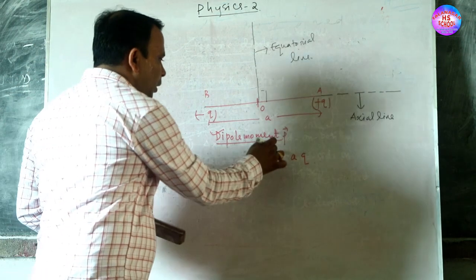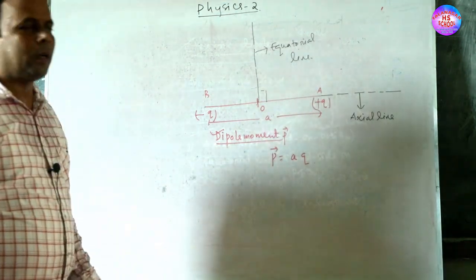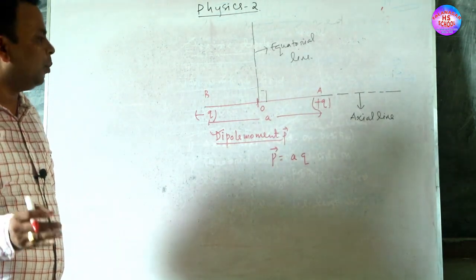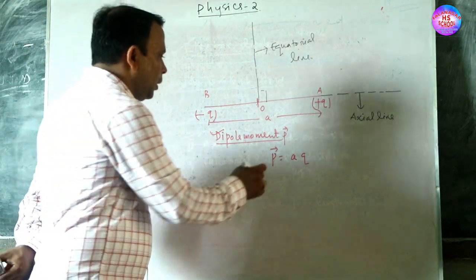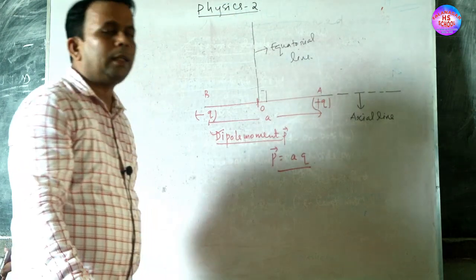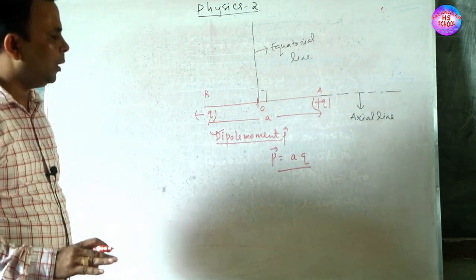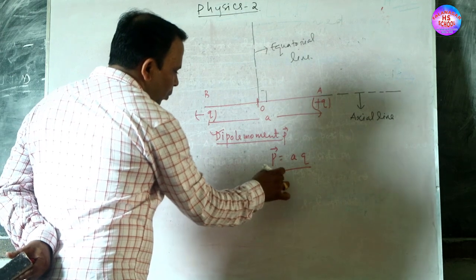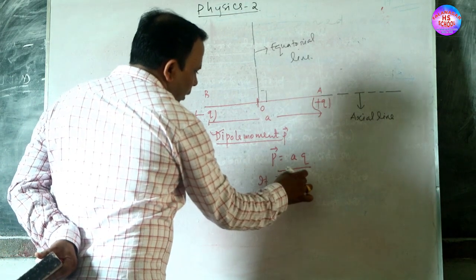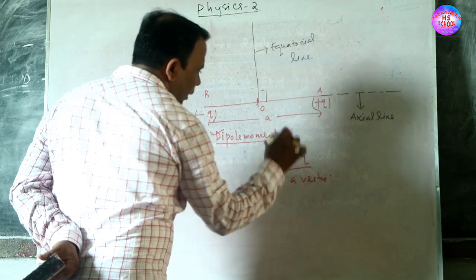It is represented by P. P is a vector quantity. Dipole moment means the product of either charge and the distance of separation between them. It is a vector, which means it has direction.